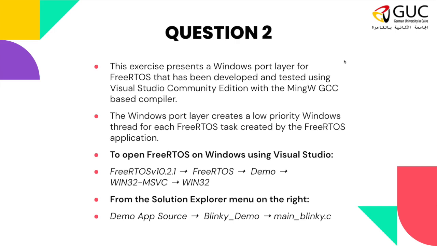So to sum up this part, in FreeRTOS, it is a priority-based scheduling mechanism, meaning that the task with the highest priority will always run. However, if all tasks have the same priority, then time slicing will happen, meaning that all tasks will be given the same amount of time to run. Okay?